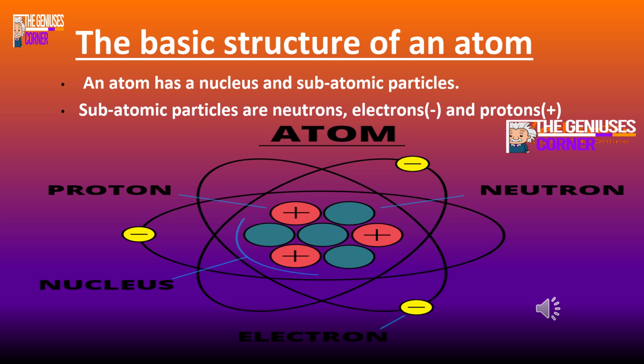As you can see on the picture, this is just an example of an atom. It has protons, it has neutrons, there's also a nucleus and electrons around it. Protons are positively charged, electrons are negatively charged, and neutrons do not have a charge. They are just neutral. We sometimes say they are neutral.